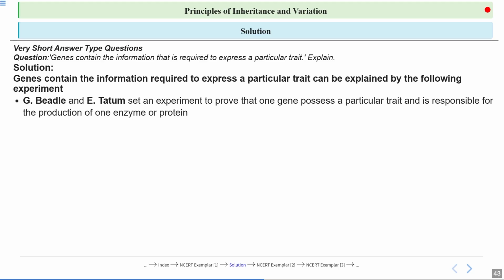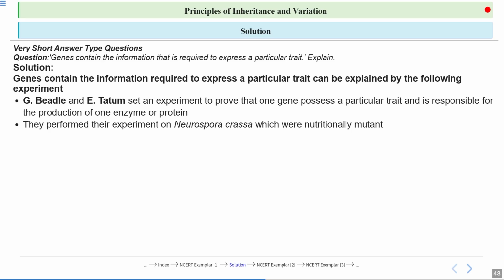So Beadle and Tatum set up an experiment to prove that one gene controls a particular trait and is responsible for the production of one enzyme or protein. So what did Beadle and Tatum say? They did an experiment which proved that one gene controls a particular trait, and one gene is responsible for the production of only one enzyme or protein.